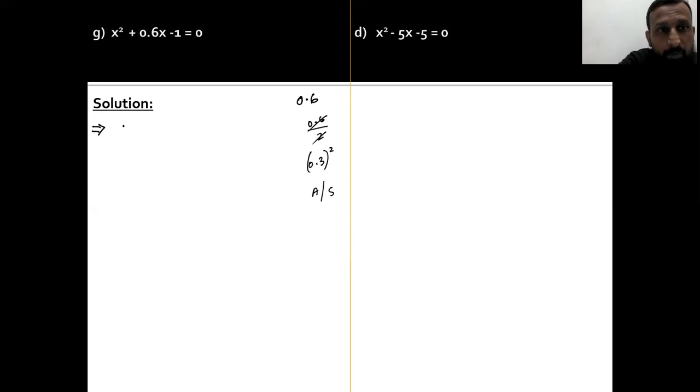We have x squared, we have 0.6x. Now after this, we're going to add 0.3, the whole square, and just to balance it, we'll also subtract 0.3, the whole square, minus 1 is equal to 0.